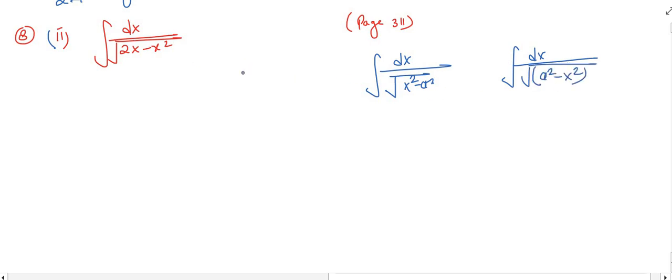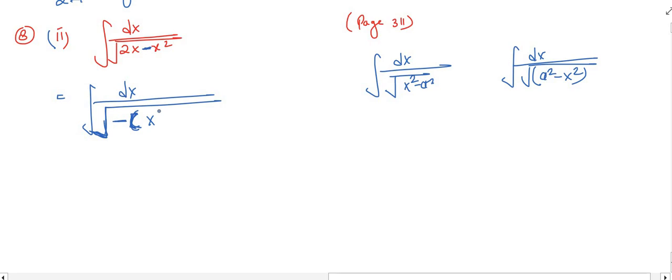So this is not matching with any form. So purposely we will bring it into this form. Let us see how. Under root. Whenever there is a minus term with x square, always remember, take the minus common, but inside the root. Take it common, but still inside the root.